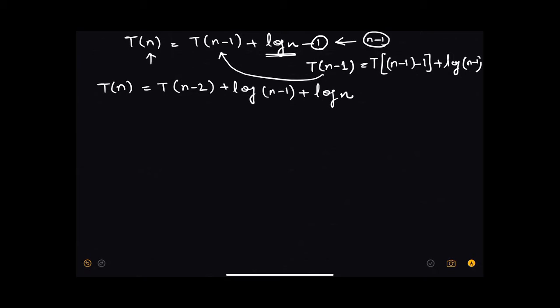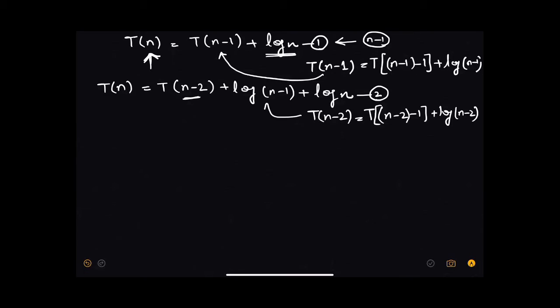So this I have copied just like this, and this becomes my next statement. Now what I have to do is find the value of T(n-2). So I substitute n-2 in equation 1 in the place of n. The next statement that I get is T(n-2) = T(n-2-1) + log(n-2).